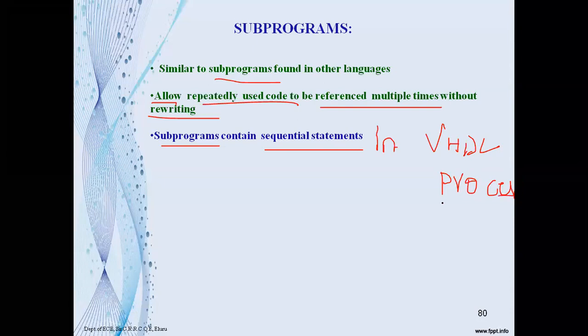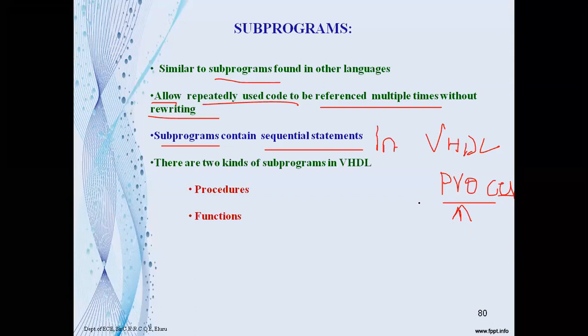The process statement is mainly used in behavioral modeling of VHDL. Here the subprograms are sequential statements and they are placed inside the process statement. Remember this: subprograms are written inside the process statement.